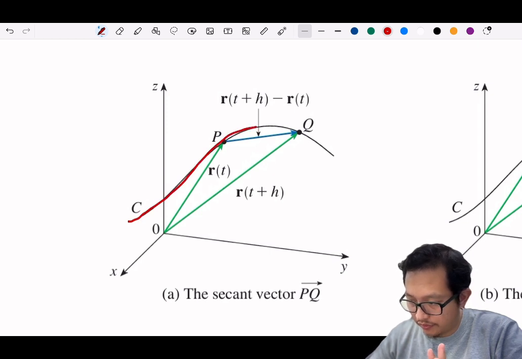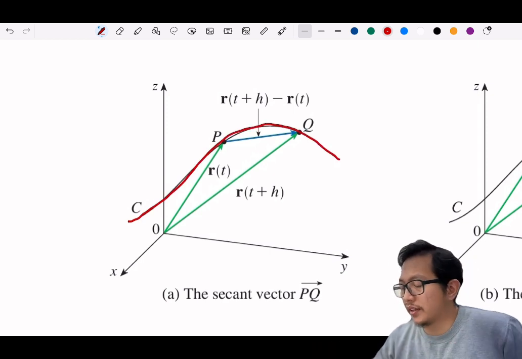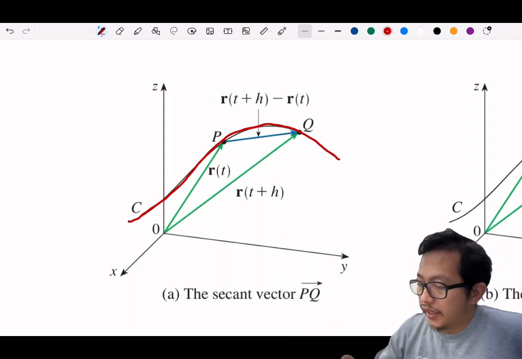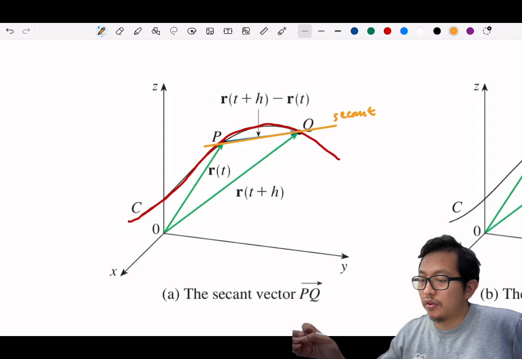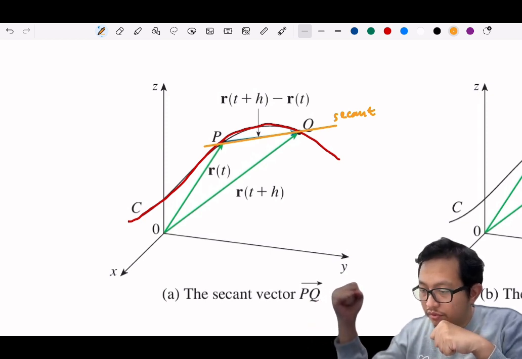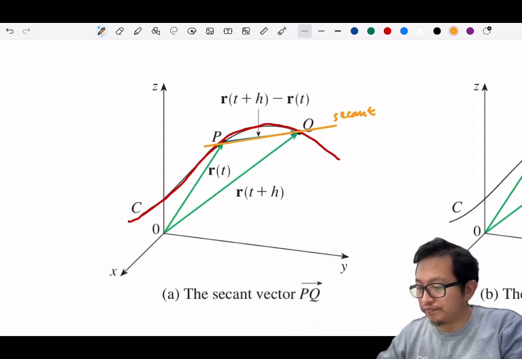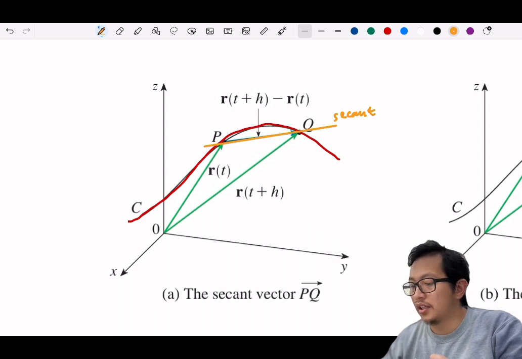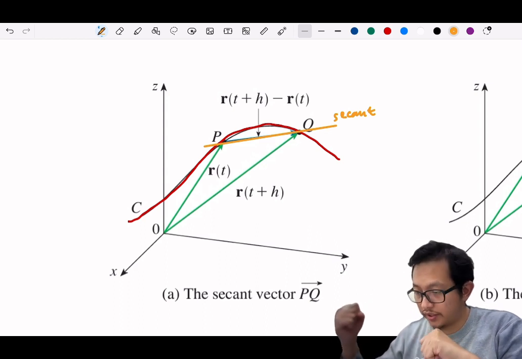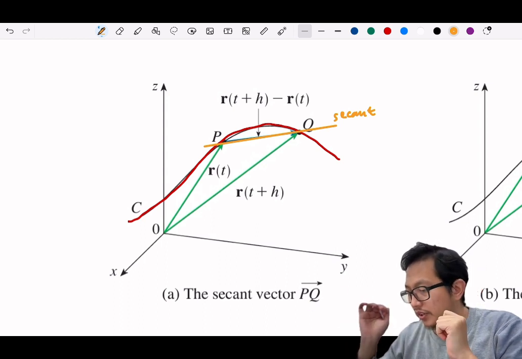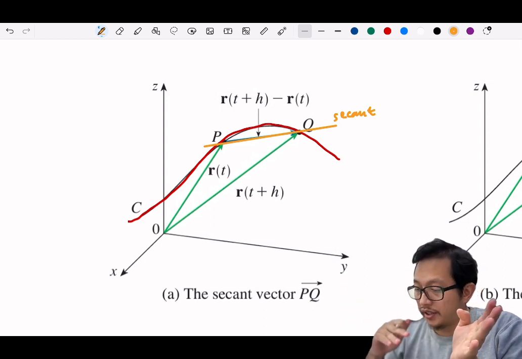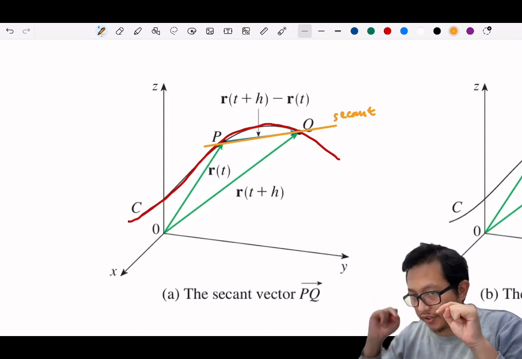Every time we have a line that cuts this curve, we call this line a secant. So for secant PQ, we relate it with the vector positions of P and Q, which are r(t) and r(t+h).